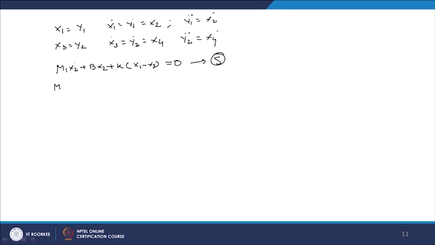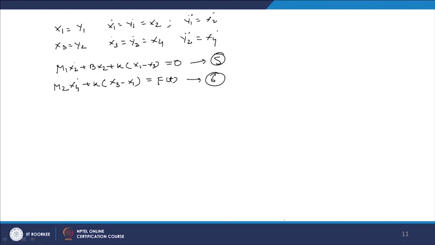Second equation: m2 x4 dot plus k into x3 minus x1 equal to f of t. This is equation number 6. So we have written equation number 5 and 6.